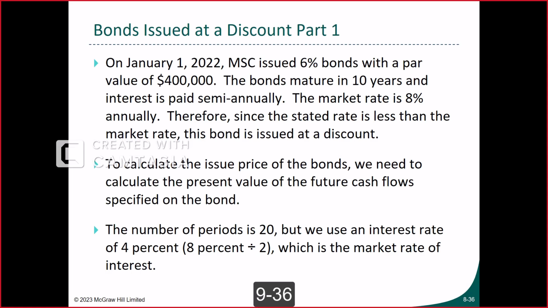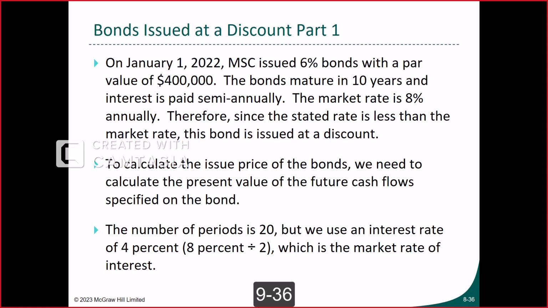So since the stated rate, or the coupon rate, or the contract rate is less than the market rate, what other names do we have for market rate? You really have to be aware of all of these alternative terminologies, because you don't know which terminology or which name would be used on your exam, for example. So how do we call the market rate?